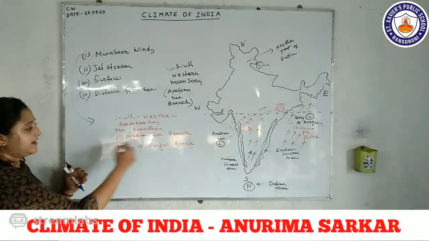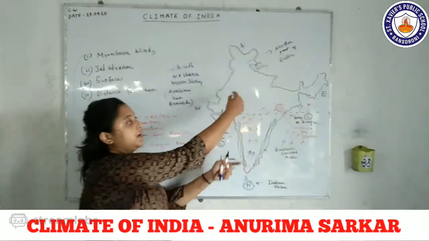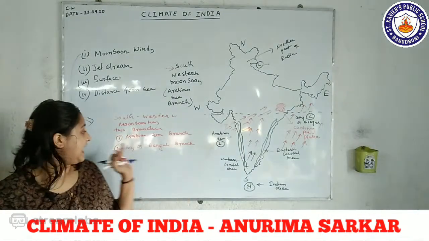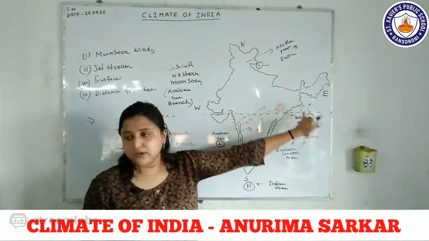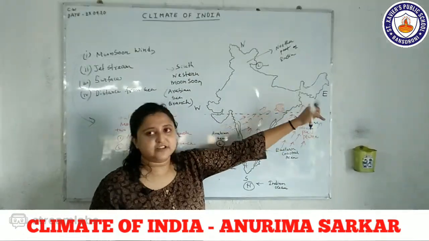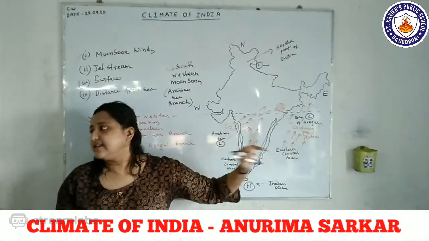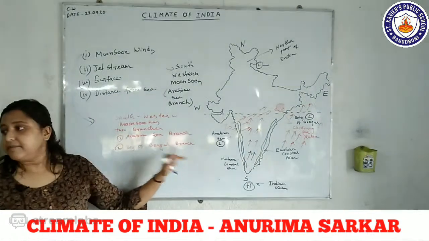Right. So the major area covered by the Arabian Sea branch is the whole central part of India up to the Chotanagpur plateau. Just remember that. And the major regions covered by the Bay of Bengal branch are Orissa, West Bengal, Kolkata also. Kolkata is under West Bengal, and the whole northeastern part, Meghalaya, Manipur, all that region is covered under the Bay of Bengal branch.